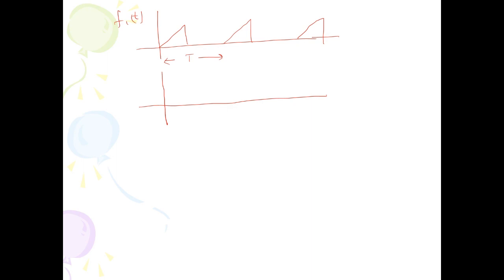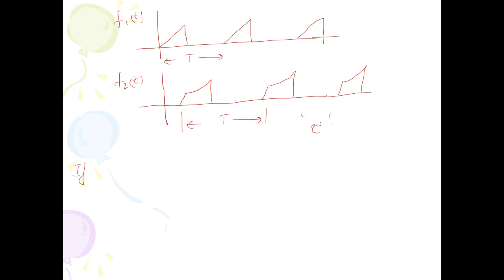And second signal may be f2 of t, which is also periodic with the same fundamental time period with a different shape. So here from this point to this point, this is the fundamental time period. Tau is the shift, how much f1 of t and f2 of t are shifted towards right or towards left.